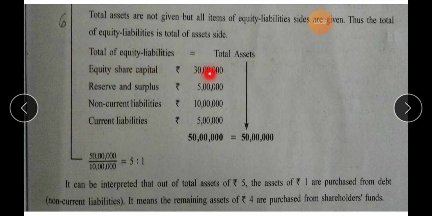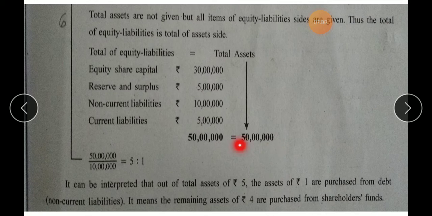Share capital 30 lakh, reserves and surplus 5 lakh, non-current liabilities 10 lakh, current liabilities 5 lakh. So the total is 50 lakh, the total of equity liabilities, which is similar to the total of the assets side, and hence the 50 lakh total of the liabilities side is considered to be the total of the assets side also. So the amount of total assets is 50 lakh.